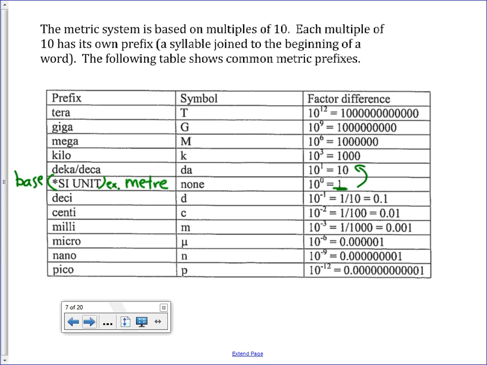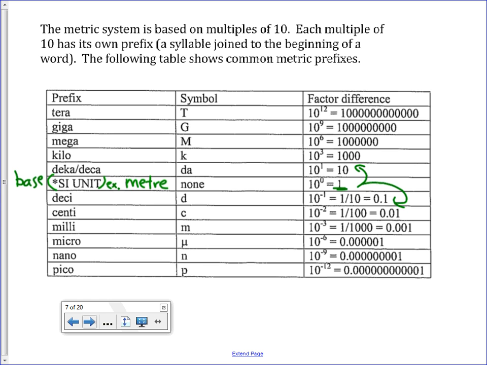And generally every time we move up, it's increasing by a factor of 10. If we move down, we are decreasing that base unit again by a factor of 10. And depending on the prefix that we use, it also indicates that factor difference between that unit and the base unit.